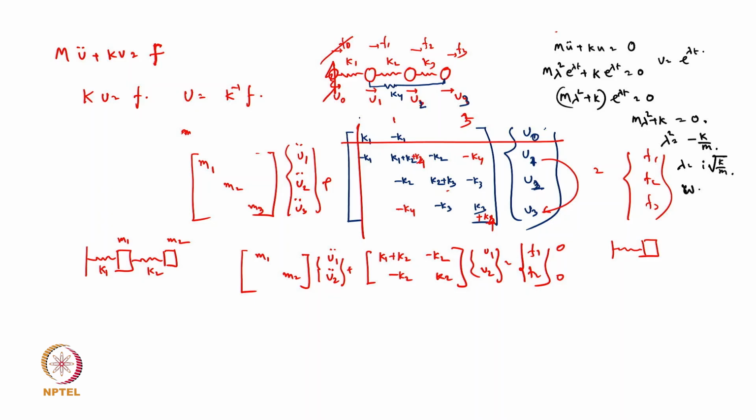We just say that omega equal to i times lambda, so that gives omega equal to root over k by m. Makes sense? That we did in the single degree of freedom case. So that is what we need, something like this, the characteristic. Now here, how will the characteristic come?